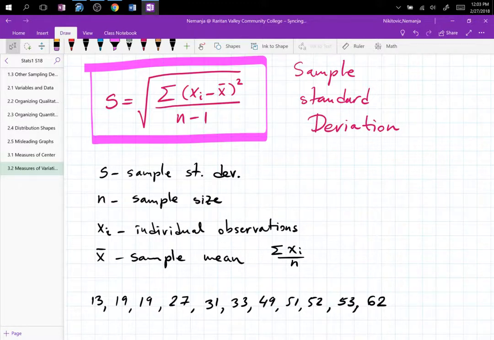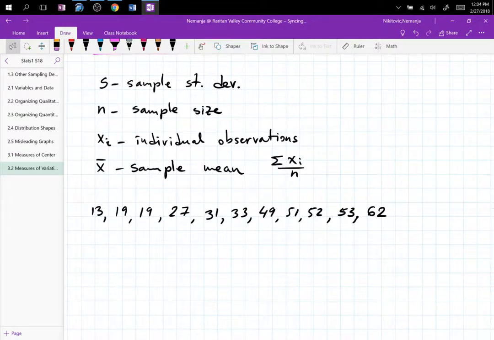If you look at the formula, you are supposed to compute the mean first, because you will be subtracting the mean from each of the individual entries. So we have to compute the mean first, and then we will devise the rest of the chart. So let's go compute the mean.